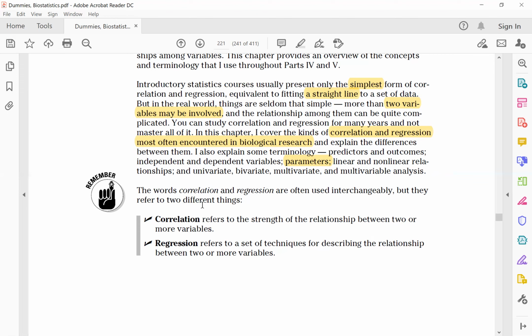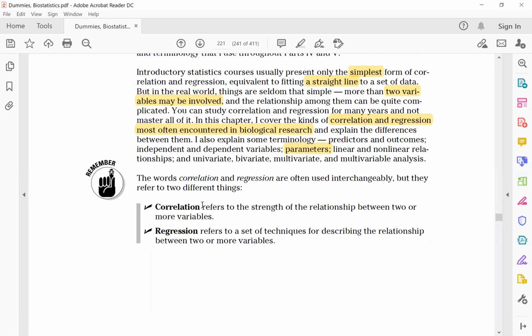The words correlation and regression are often used interchangeably, but they refer to two different things. Correlation refers to the strength of the relationships between two or more variables. Regression refers to a set of techniques for describing the relationship between two or more variables.